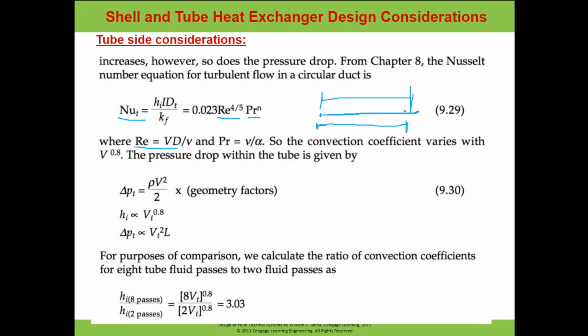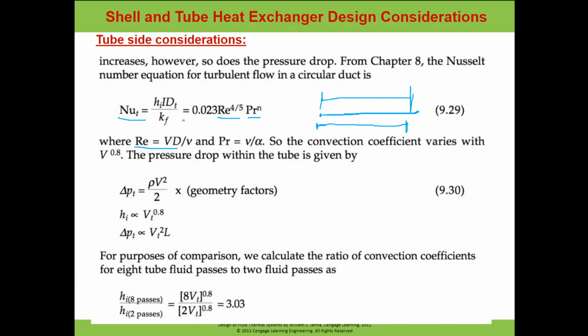So as you increase the number of passes, the velocity is multiplied by the number of passes. And when the velocity is multiplied, then the Reynolds number is multiplied. The heat transfer coefficient is proportional to the Reynolds number to the power 4 over 5, or to the velocity to the power 4 over 5, meaning 0.8.